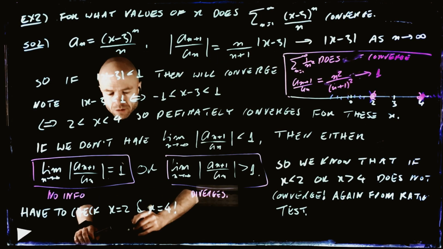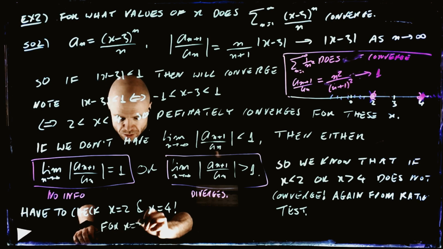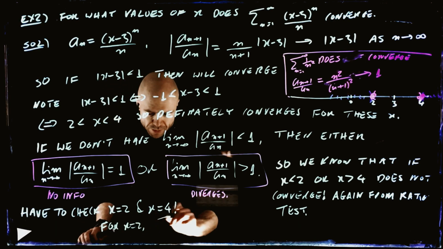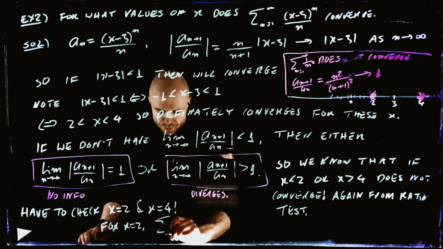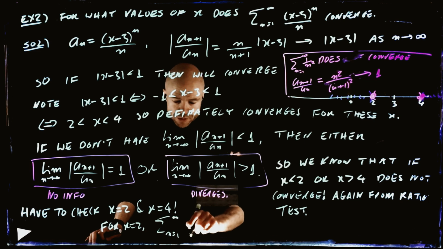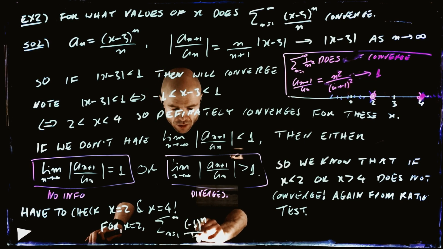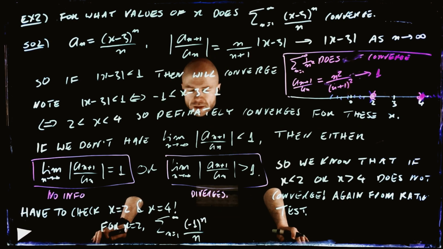If we stick in x equals 2, then our series becomes the sum from n equals 1 to infinity of (2 minus 3), which is minus 1, to the n, over n. Does that thing converge?